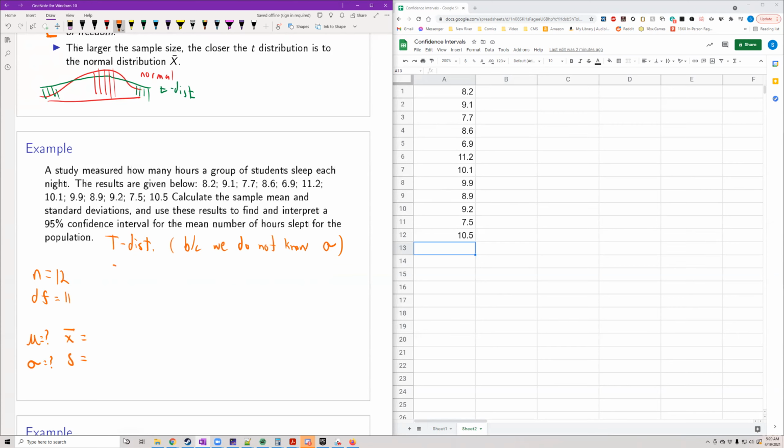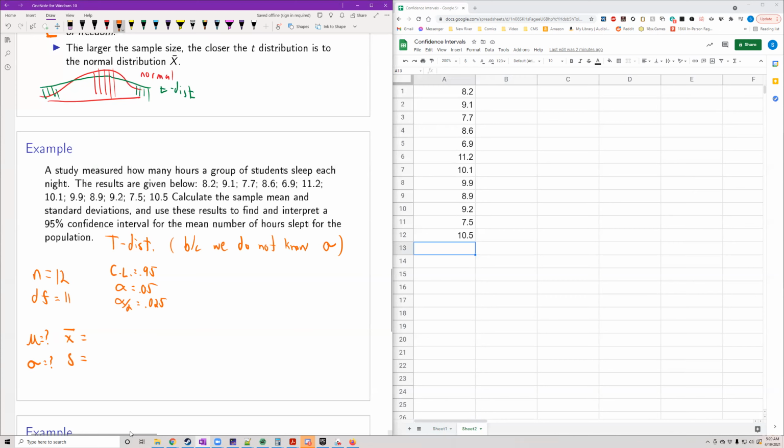Also, we know that the confidence level is 0.95, which means alpha is 0.05, and alpha over 2 is 0.025. We can use all of this information.